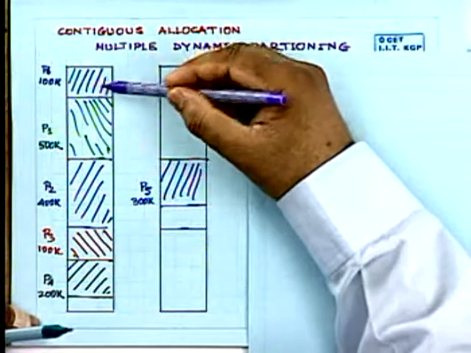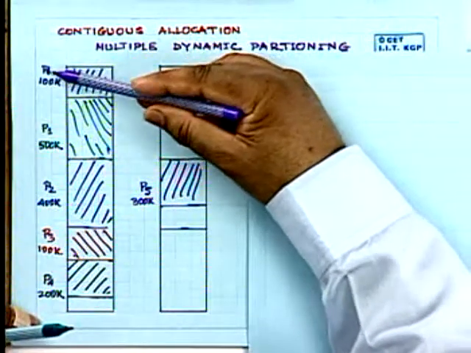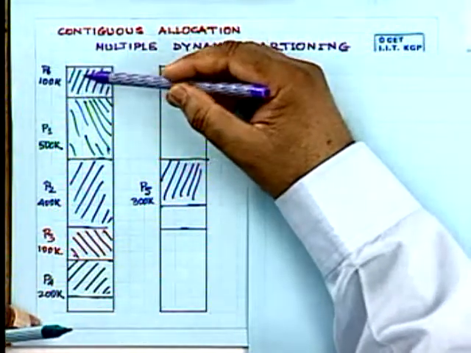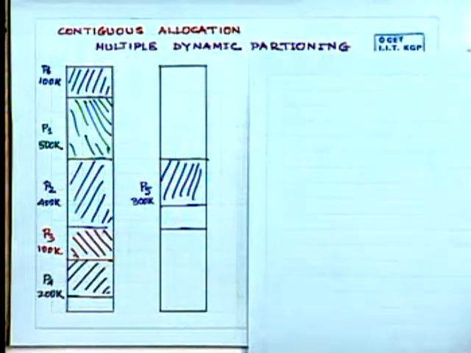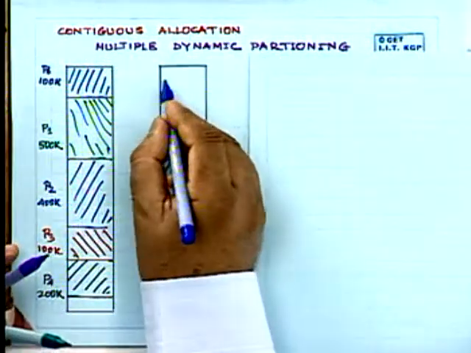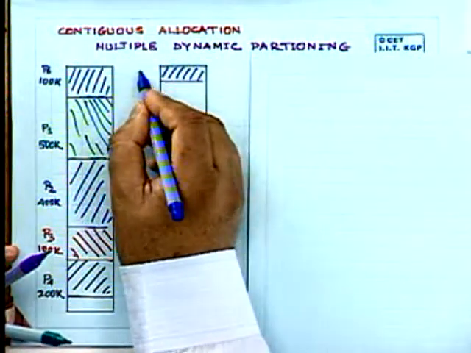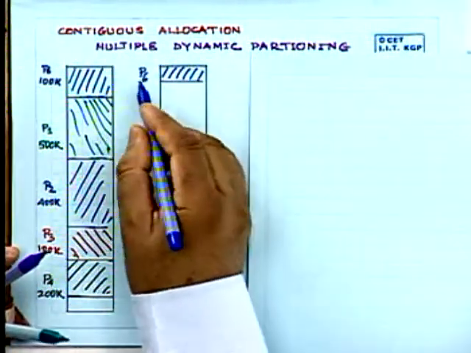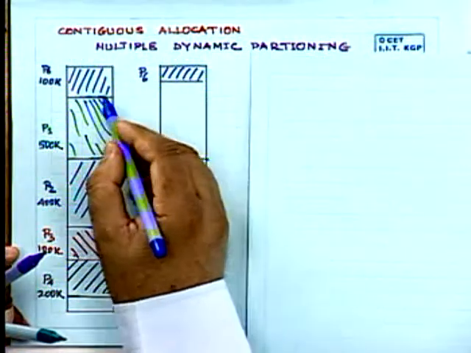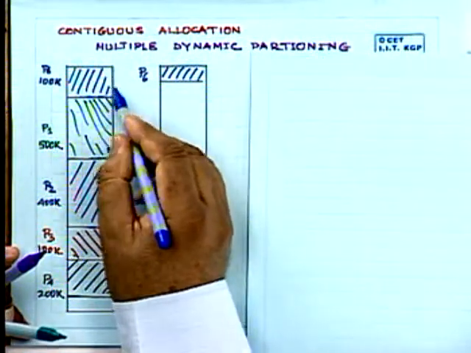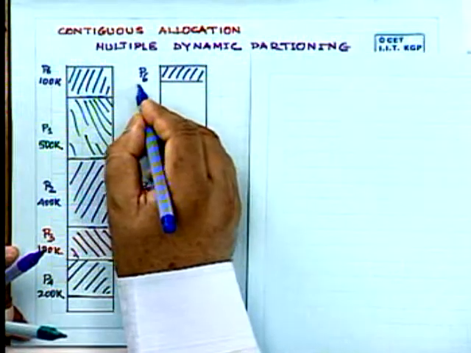Similarly, after some time, say process P0 is over, that 100K is free, and a process, say P6, has been brought into this particular partition that has been made free, of size 100K, and this is only 50K.